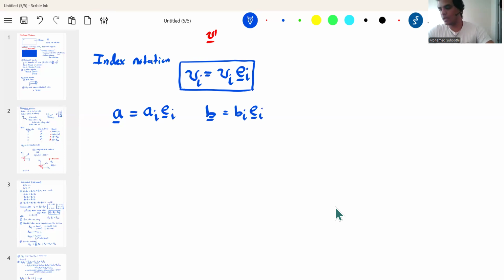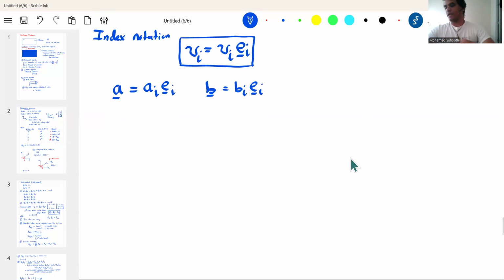Okay. Right. So now what I am going to do, I am going to write cross and dot product, right? So first, I'm going to define vector A dot vector B.